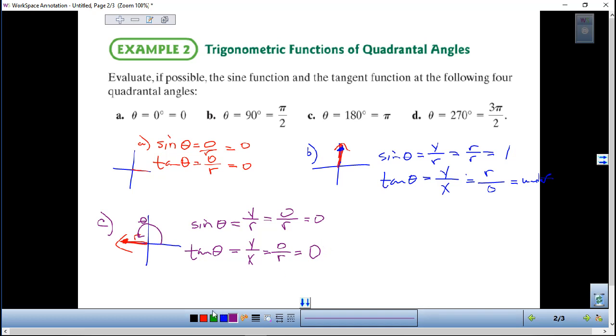Part D, 270, we're dealing with the negative y-axis. We're going this direction down to some point that's r away.